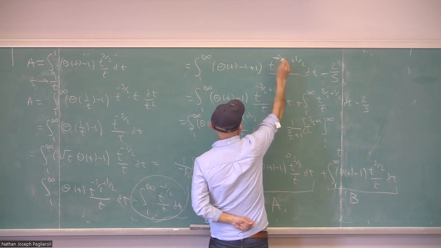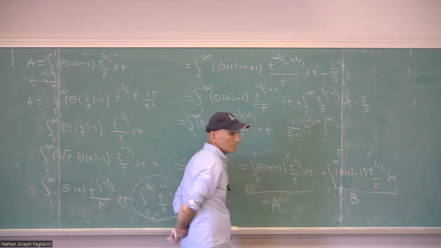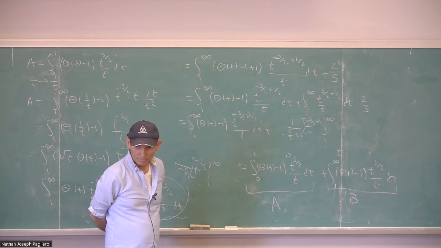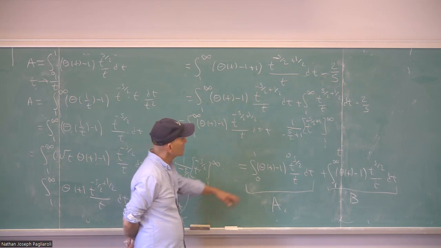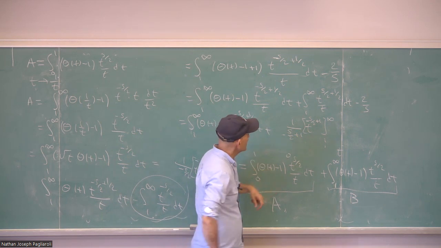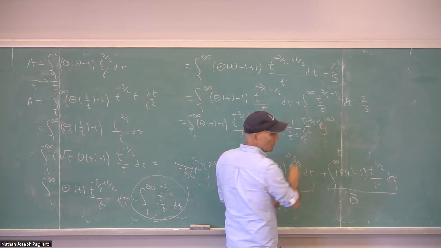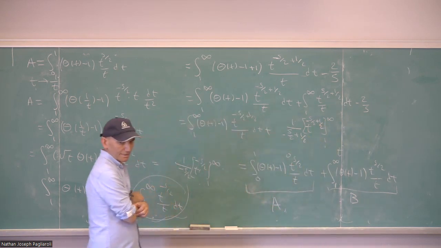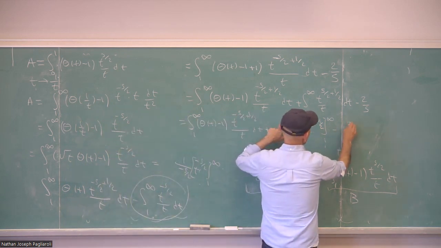Yeah, sorry. Minus s over 2 plus 1, t to the power minus. Oh, this should be half. Maybe that's why you were lost. And then there is minus 2 over s.